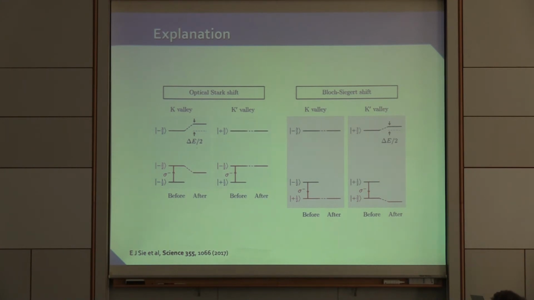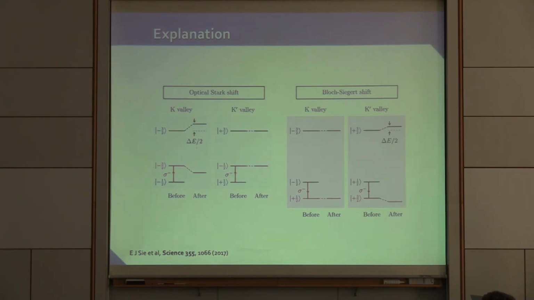So by emitting a sigma negative photon, by emitting a -1 angular momentum, it means we give +1 angular momentum to the new photon-dressed state. So from -1/2, it becomes +1/2, and these are different for the k value, but these are the same for the k prime value. Therefore, the Bloch-Siegert shift happens exclusively at the k prime value, unlike the optical Stark shift.